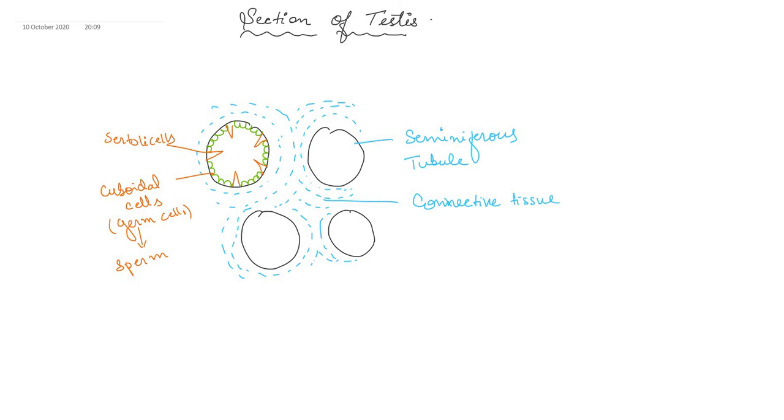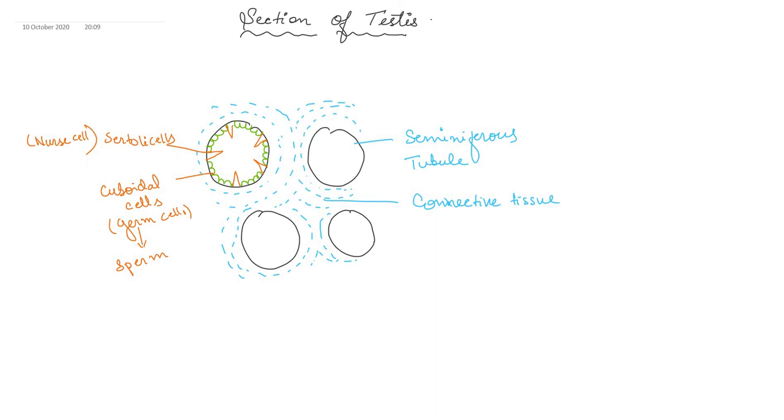Conical cells are known as Sertoli cells, and the Sertoli cells are also known as nurse cells, because these Sertoli cells provide nourishment to the developing sperm during the process of spermatogenesis.